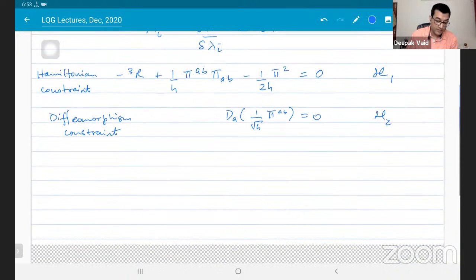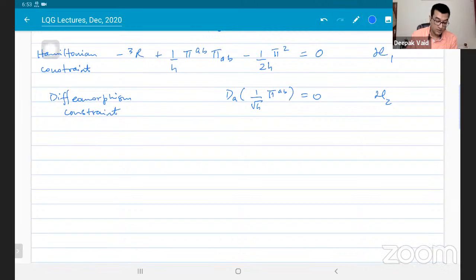So what will happen when we try to quantize the theory, right? How do we quantize something? We start with some phase space, right? Let's say in terms of some configuration and momentum variables.